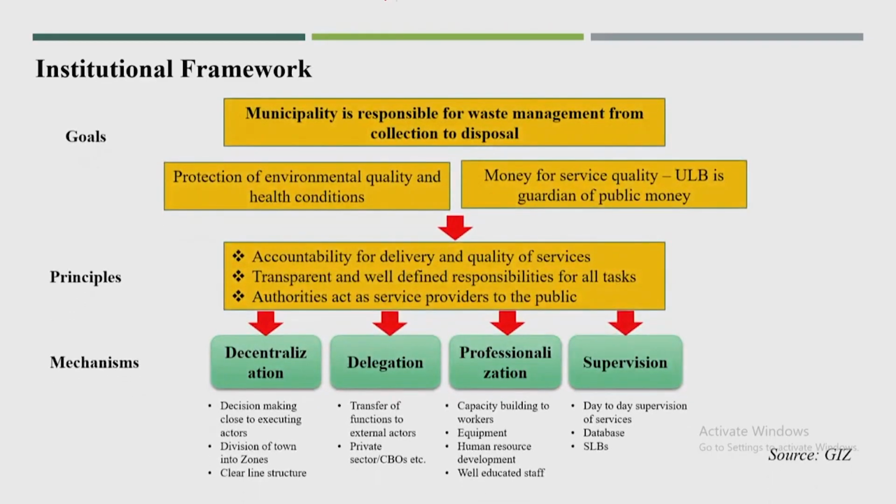Now, the institutional framework should have proper goals, principles and mechanisms. The goal is that the municipality is responsible for waste collection and disposal, protection of environmental quality and health conditions, and value for money in service quality. The principles should be accountability for delivery and quality of service, and transparent and well-defined responsibility. The mechanism should be decentralization, delegation, professionalization or supervision.